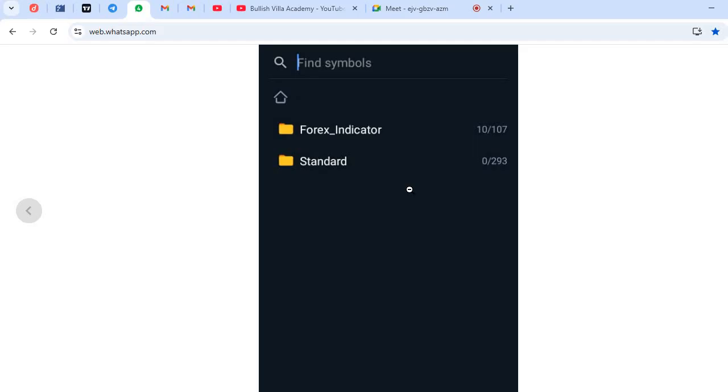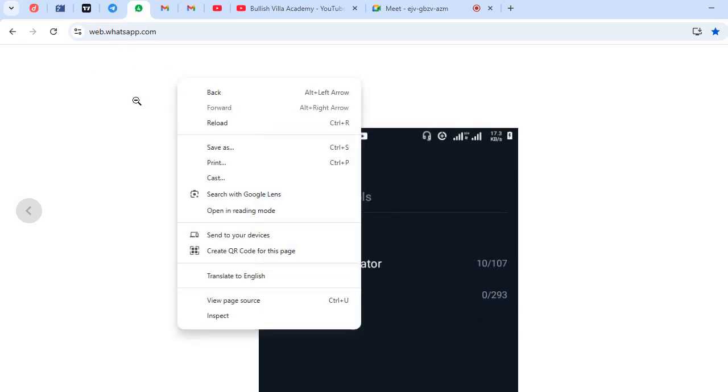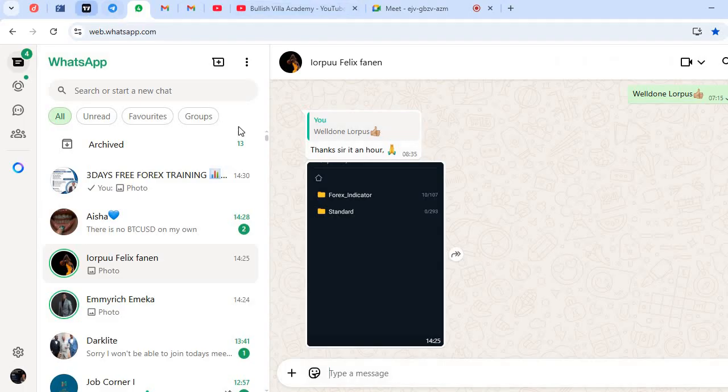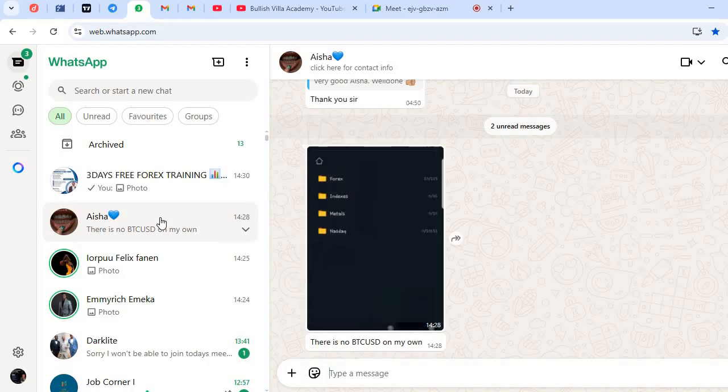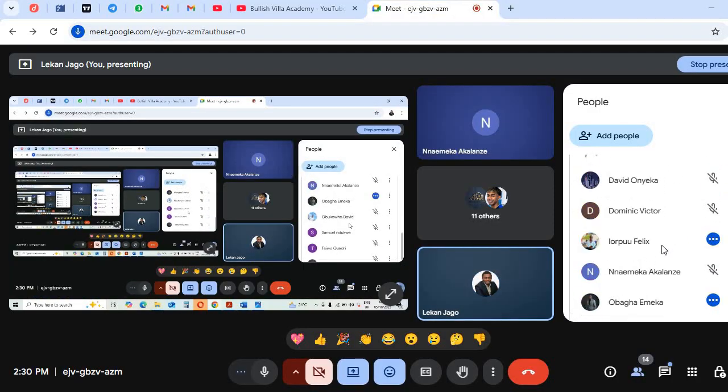So this is my own MT5. I've sent something to the group now, I want us to check. Aisha Alpha, have you seen BTC on your own? Just type BTC USD above. Is Aisha still on the call?